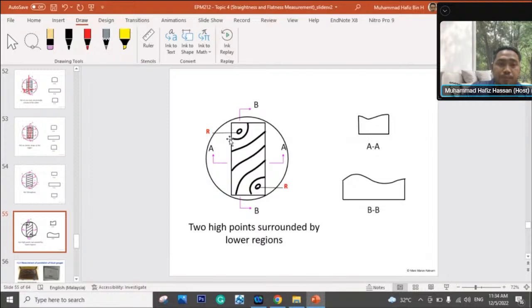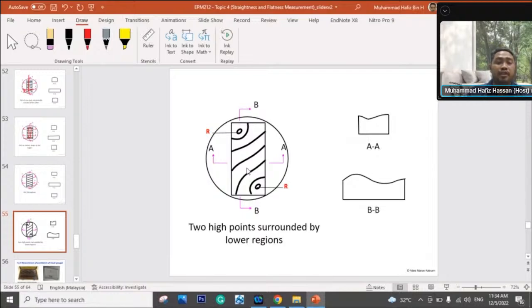If this is a reference here, R means the contact point. R means reference, which is the contact point, the highest point of the flat. The contact point is always the highest point of the surface. You have to know that.